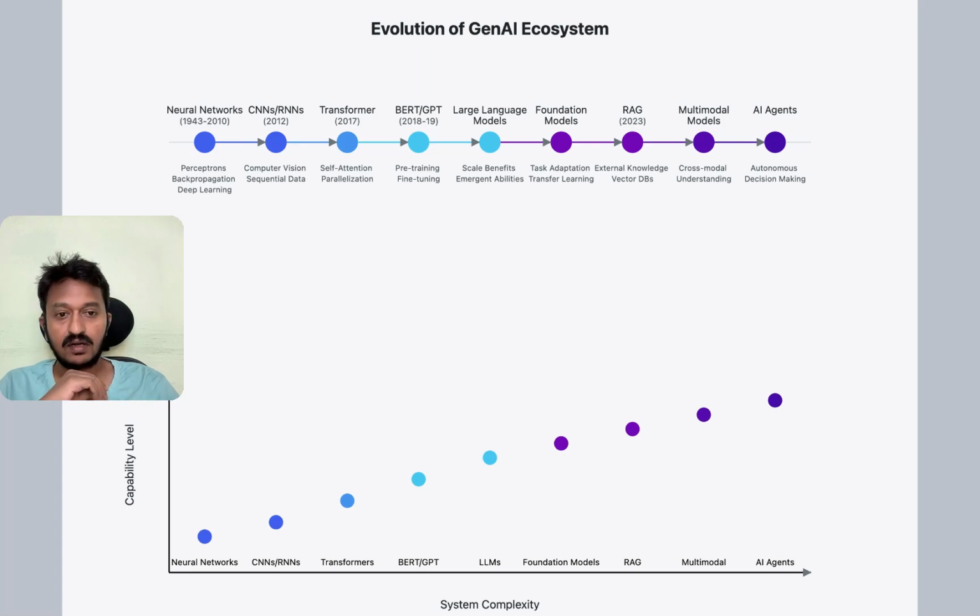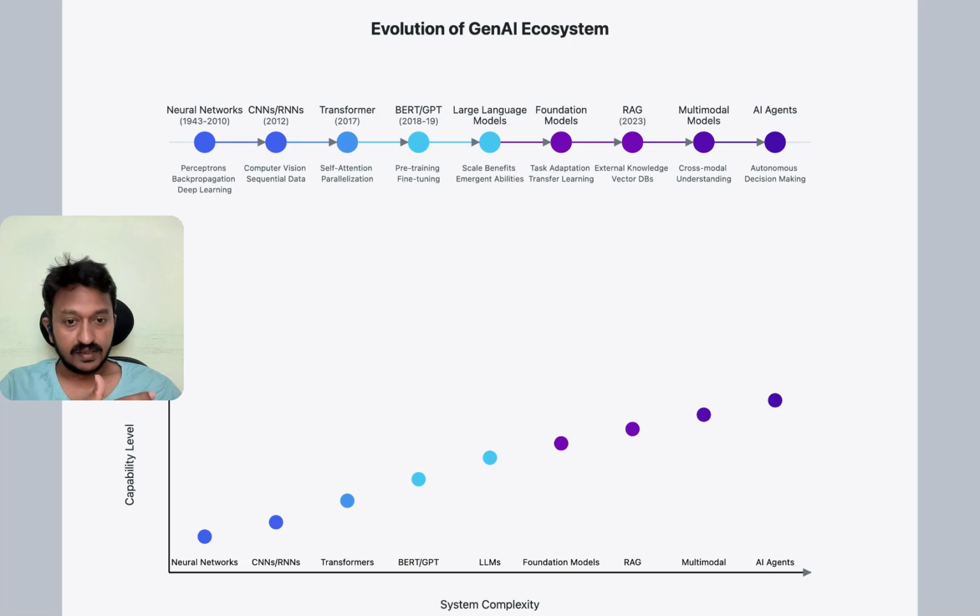And then after neural networks, we saw CNNs and RNNs around 2012. The next breakthrough happened with specialized neural networks. The CNNs are nothing but convolutional neural networks. Basically, they revolutionized computer vision and enabled image recognition and processing.